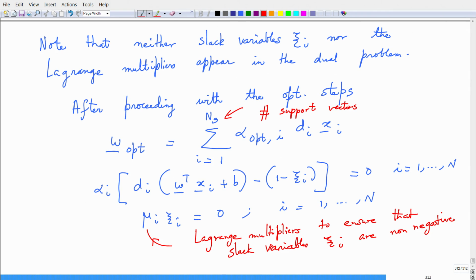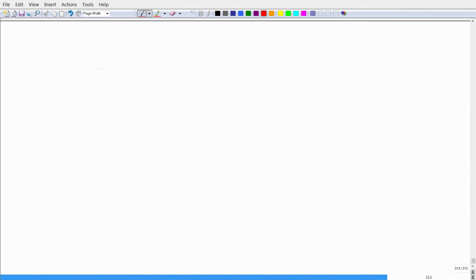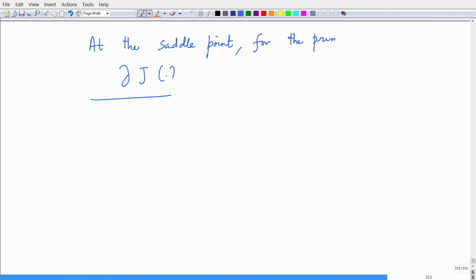So, therefore, if you look at the primal problem, at the saddle point, this condition is true, that is, the derivative of the Lagrangian with respect to zeta I is 0.